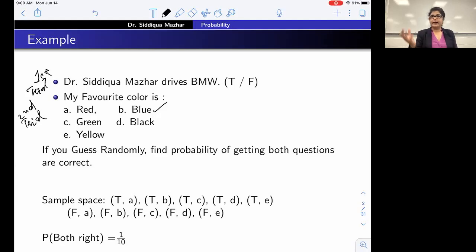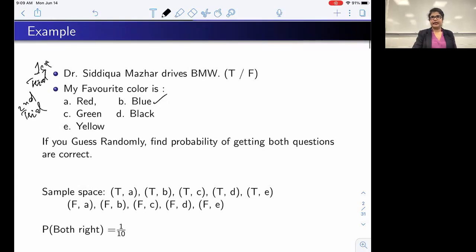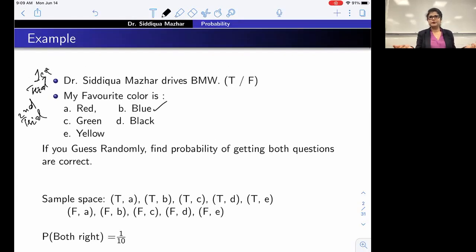Let's take a random guess. I am going to find out the probability of getting both of these trials correct. What is the probability that I get the answer for both of these trials correct? Like, I am not driving a BMW and my favorite color is blue.